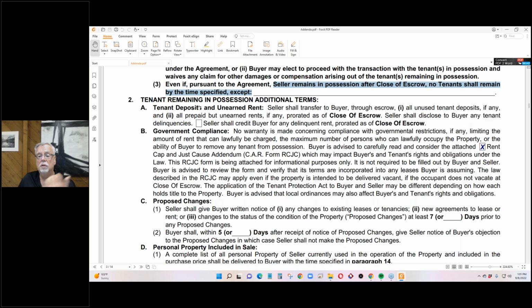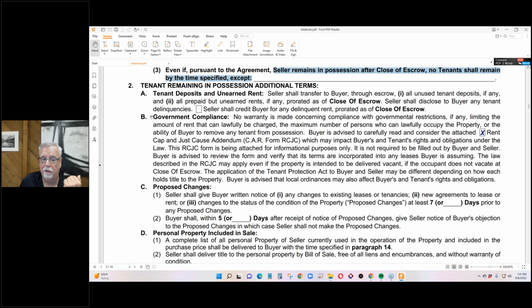There's also a paragraph about government compliance, and already attached is the rent cap and just cause addendum, which may impact people. You've got to read that, right?